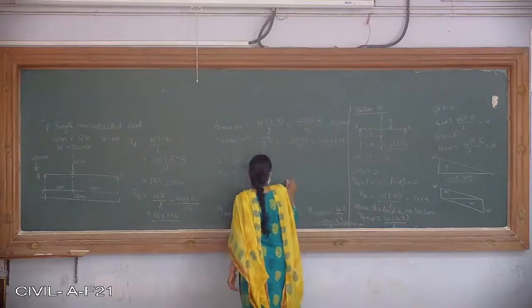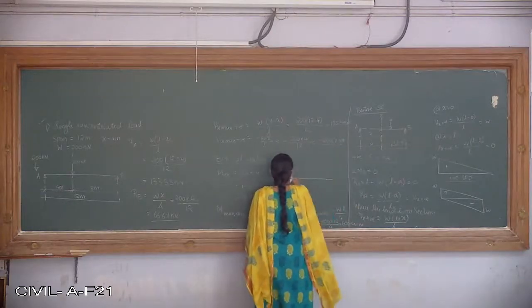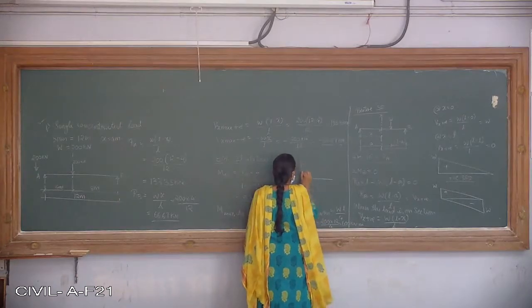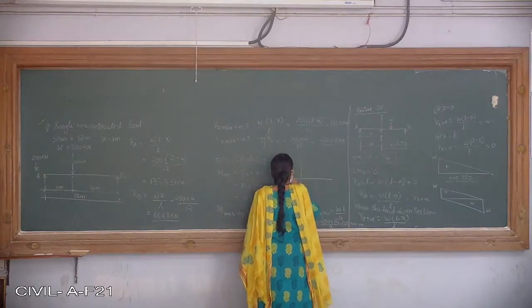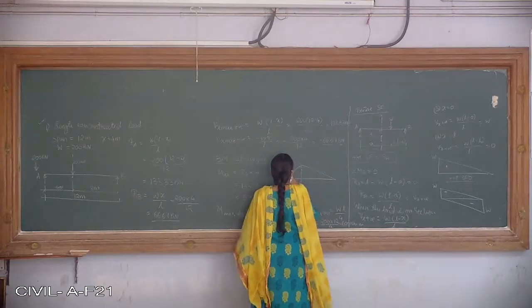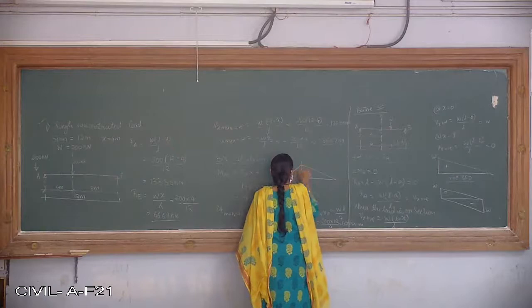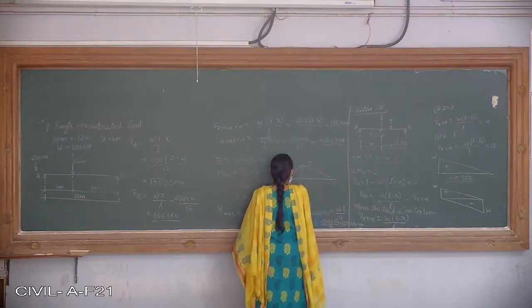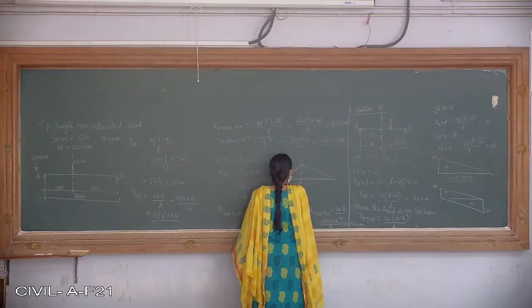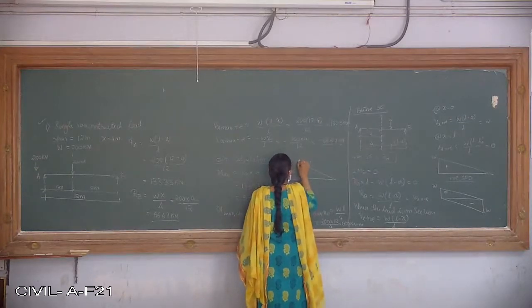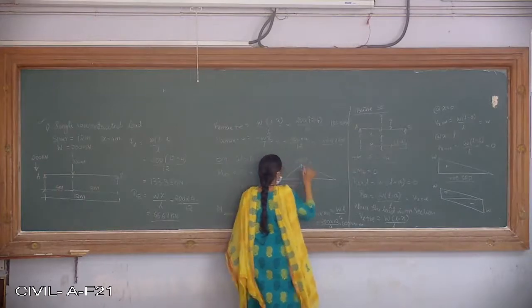So here, when I draw the bending moment diagram, at the section x, I have 533.33. This is going to be the bending moment. Next, somewhere here at L by 2. So this is at 4 meters. This value is 533.33. Okay.